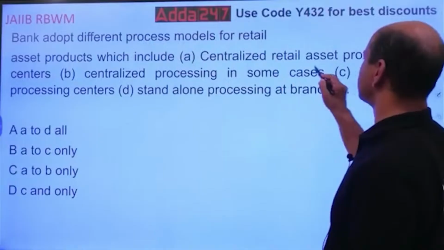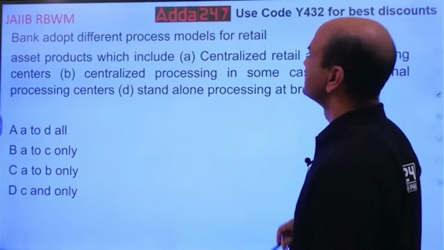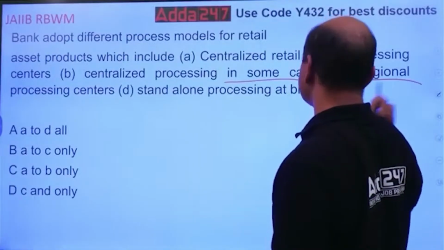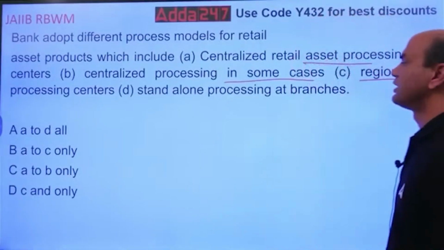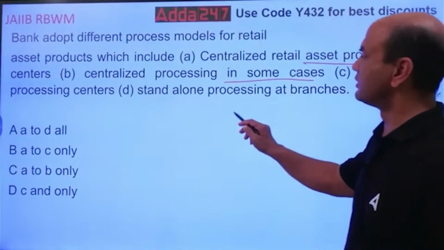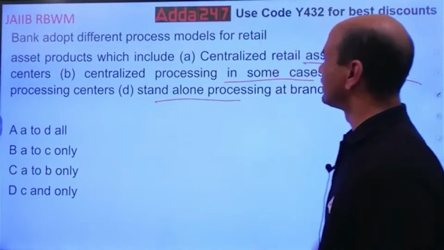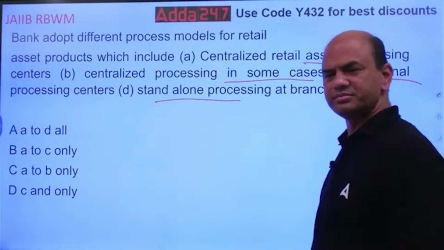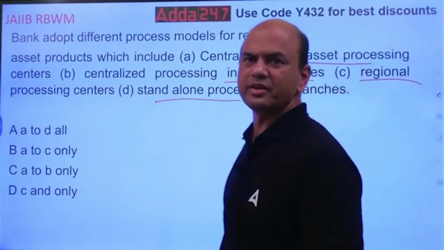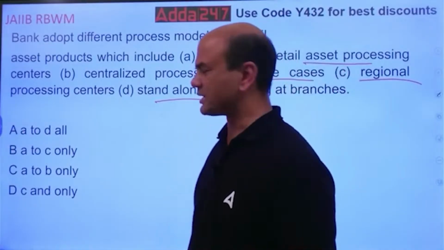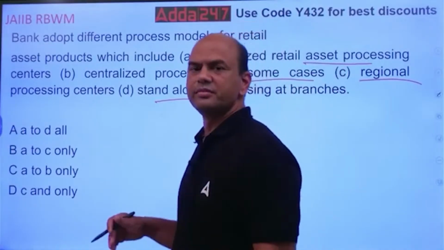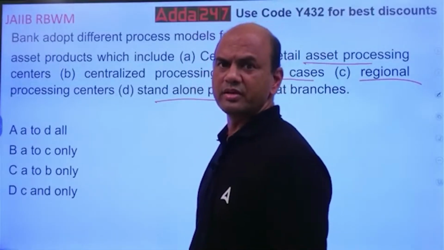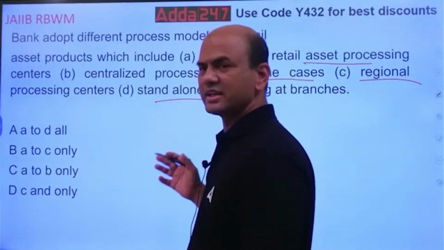Centralized retail asset processing centers, centralized processing in some cases, regional processing, and standalone processing at branches. Standalone is one model, D is one, and all these A, B and C are roughly the same. Why? Because it depends on bank to bank. If some bank is very big, like SBI, will it have a single processing unit?